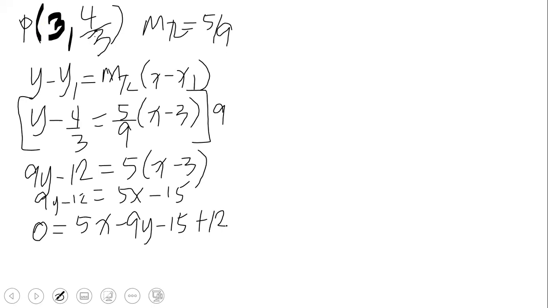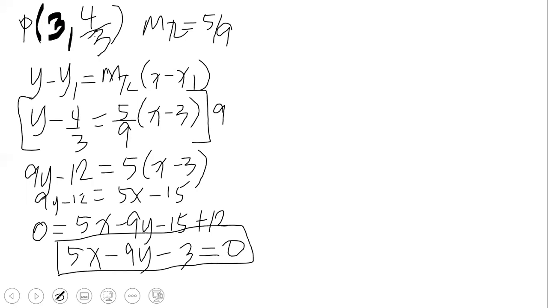So, we have already simplified the term. That will become 5x minus 9y minus 3 equal to 0. And that will be the equation of your tangent line.